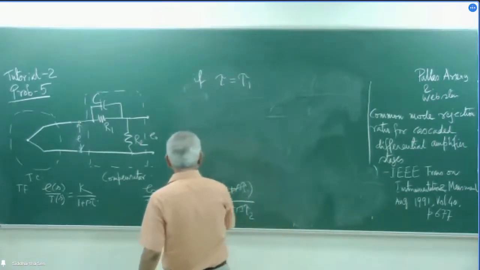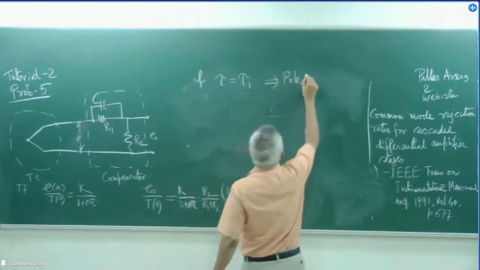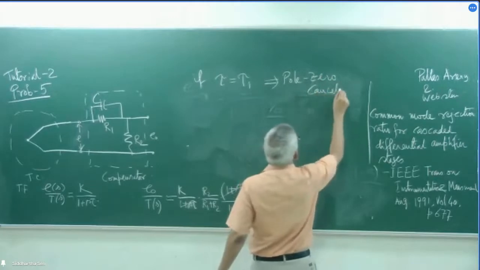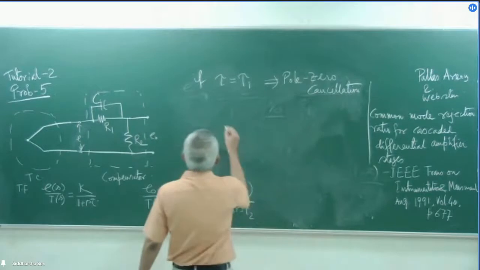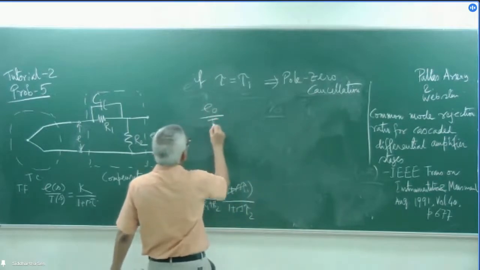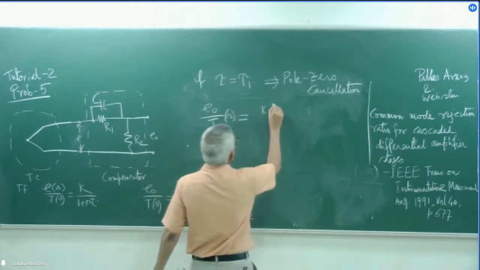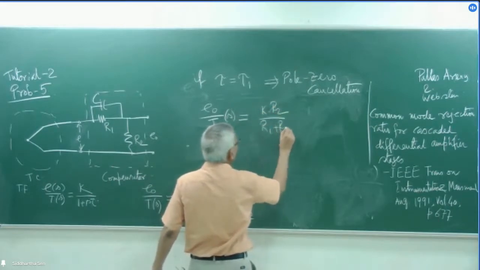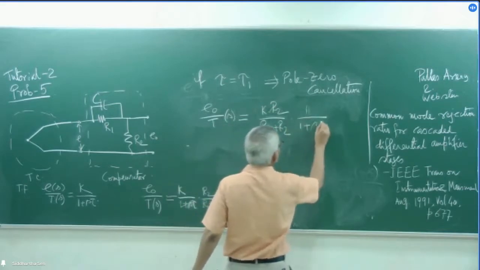There would be pole zero cancellation. So in that case, E0 divided by Ts is equal to K into R2 divided by R1 plus R2 into 1 by (1 plus S tau 2).